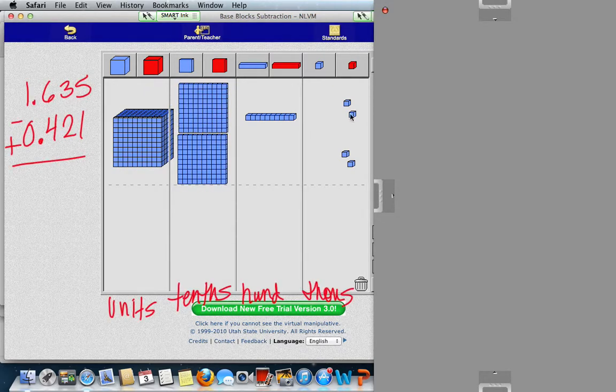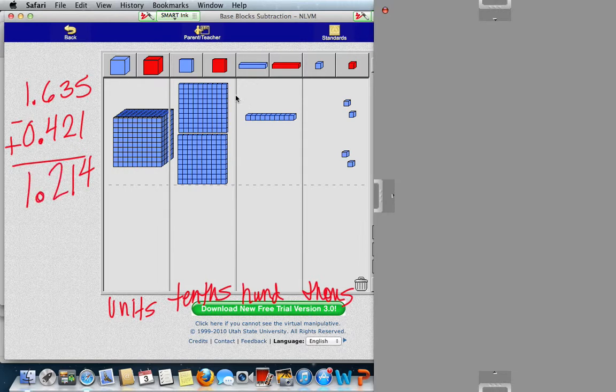So we've got 4 thousandths, 1 hundredth, 2 tenths, and 1 unit, which, oh my goodness, is exactly the same thing as if instead of adding these two numbers, this positive plus this negative, we just subtracted. 5 minus 1 is 4. We had 3, we canceled out 2, so it's going to be a 1. We had 6, we canceled out 4, so now it's a 2. We had 1, we canceled out none.